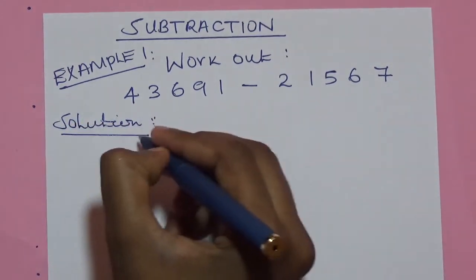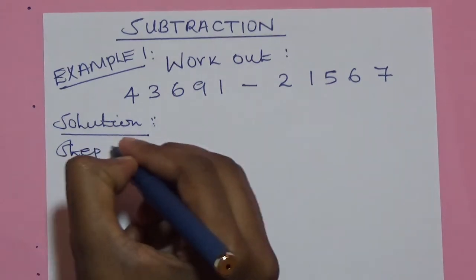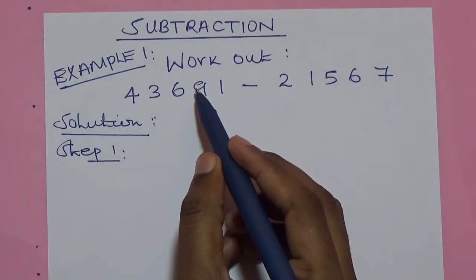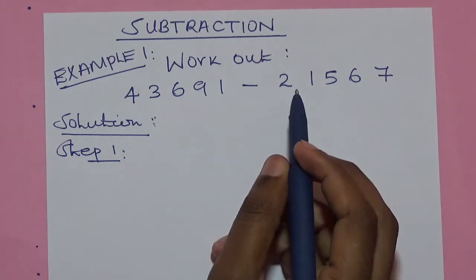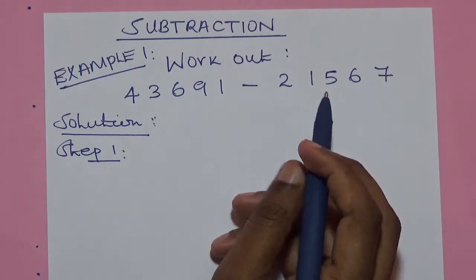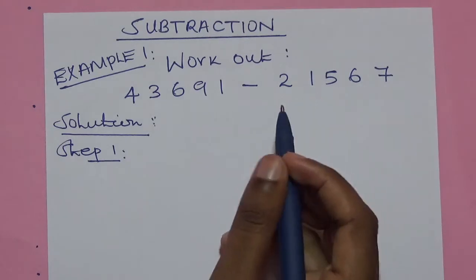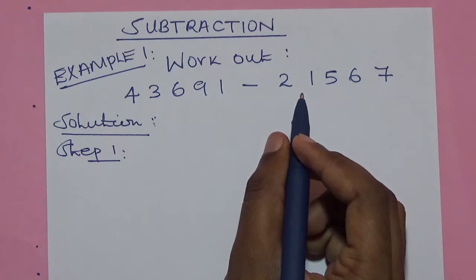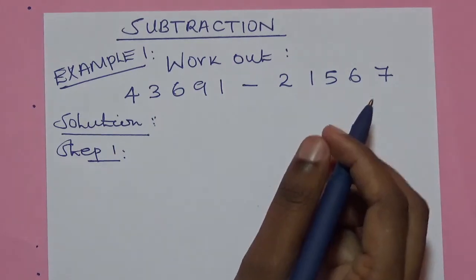Step number 1. We said that it is difficult or it is hard to subtract when they are arranged like this, just like in the case of addition. Therefore, we need to rearrange these numbers vertically according to their place value.